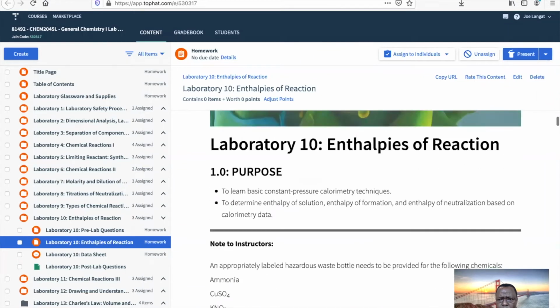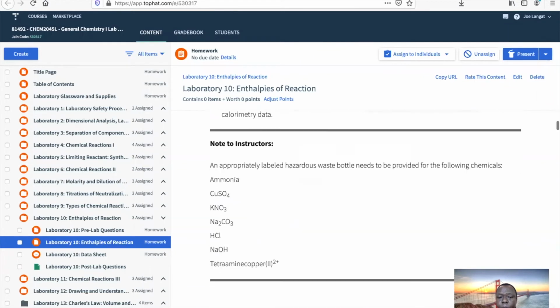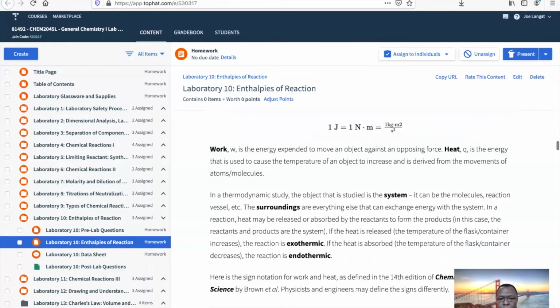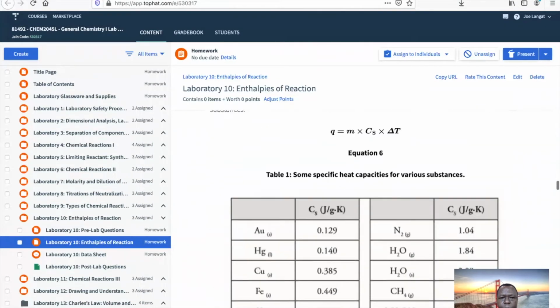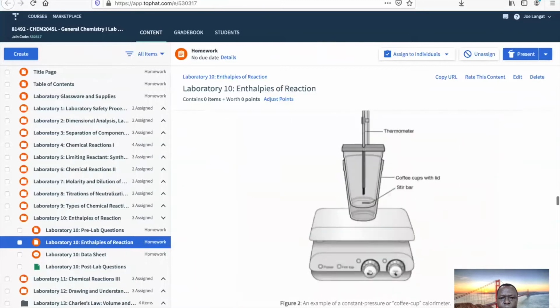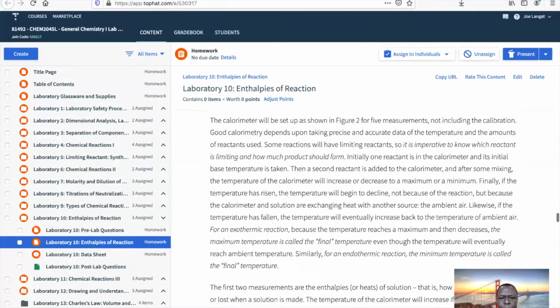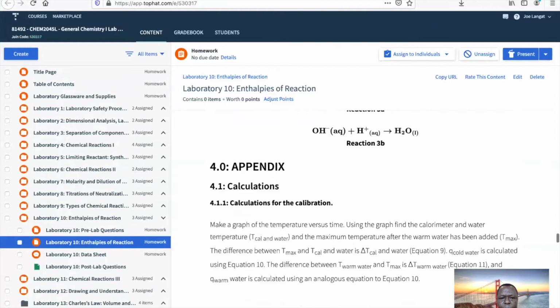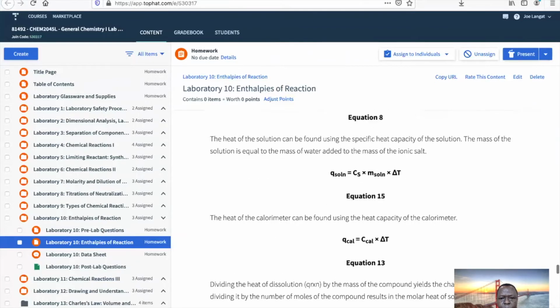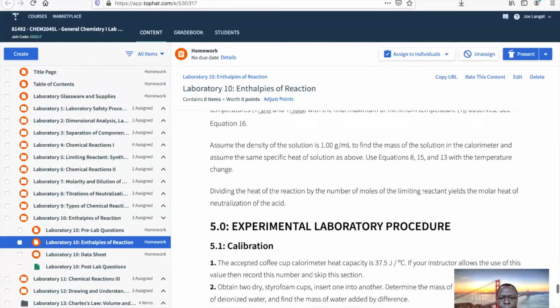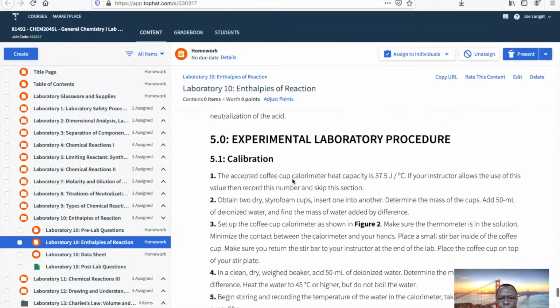It is given in section 5.1. This is 5, we haven't got there yet. I'm looking at 5.1. We have to take the literature value. Literature value for heat capacity. This is where I was looking.